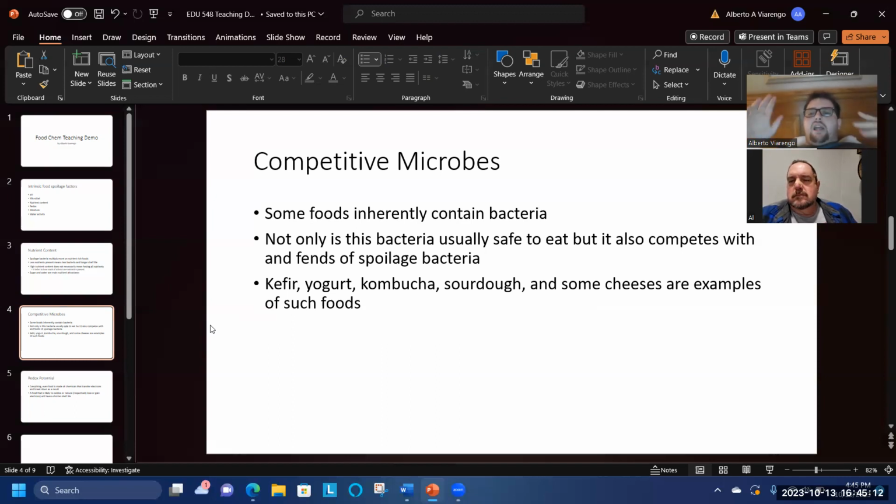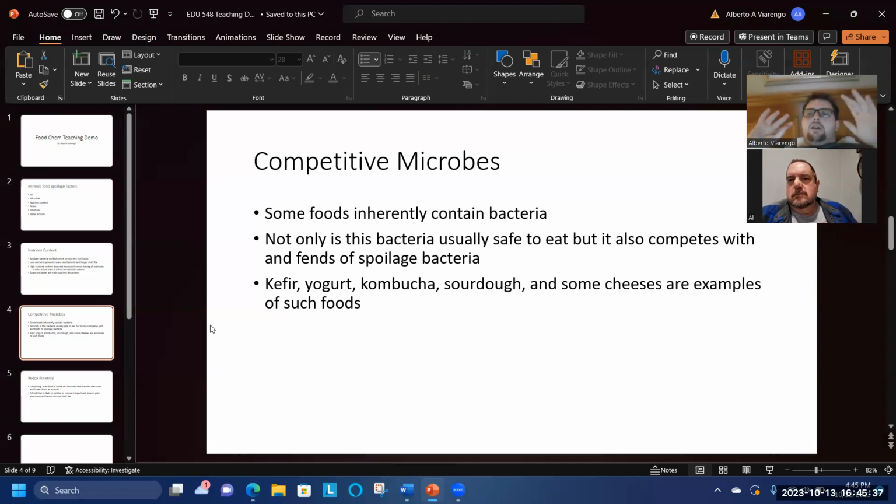Some different foods that can have these friendly bacteria include kefir, which is like a yogurt-based drink, yogurt, kombucha, a fermented cabbage vegetable product, sourdough, at least before it's baked, gingerbread, and a few different types of cheeses, like blue cheese, for example.